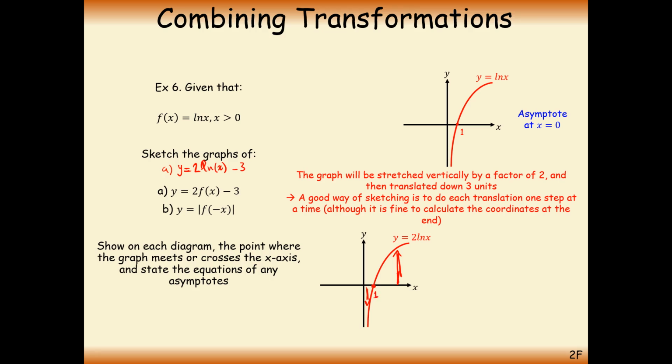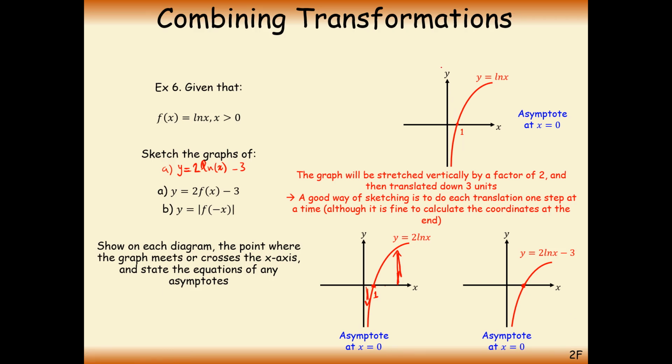The x values don't change. Now we will translate the graph downwards by 3 units. So you might be tempted to think that this x value changed, but we're not sure exactly what the value of this new intercept is. We're going to calculate it on the next slide.